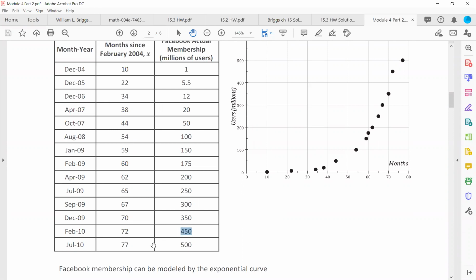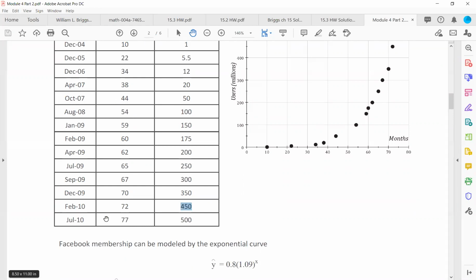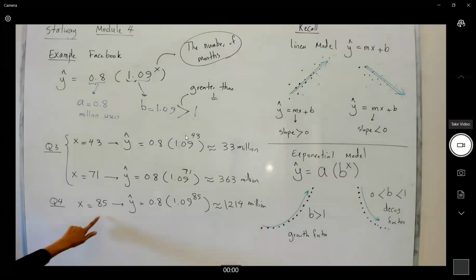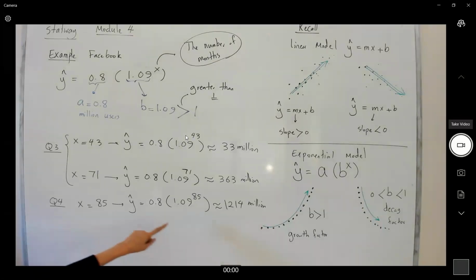And after that, we don't have information about 85 months. It stops at 77 months. So after 77 months, you had 500 million. And now we made the prediction that after 85 months, it's going to be 1.2 billion users.